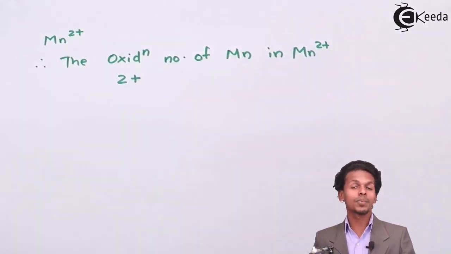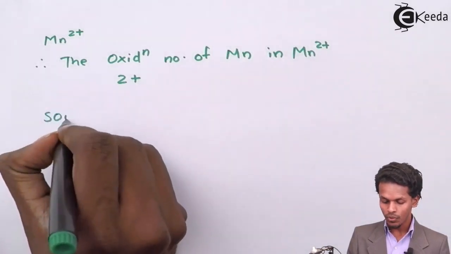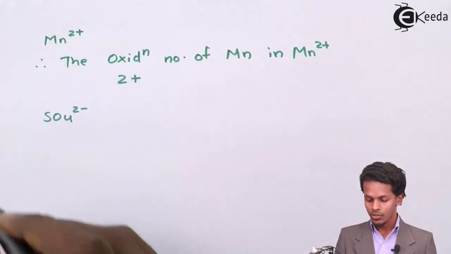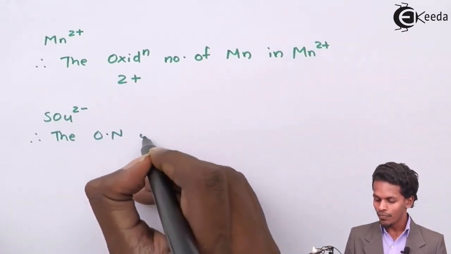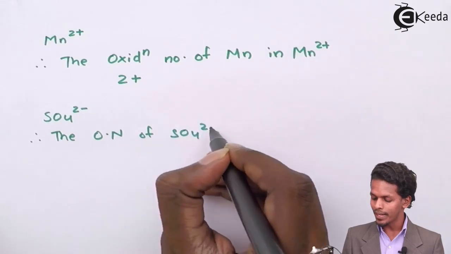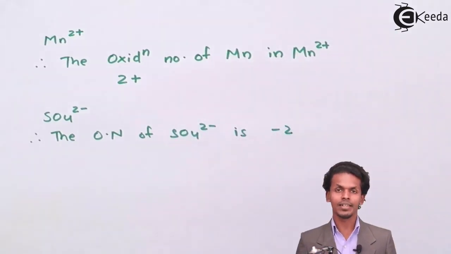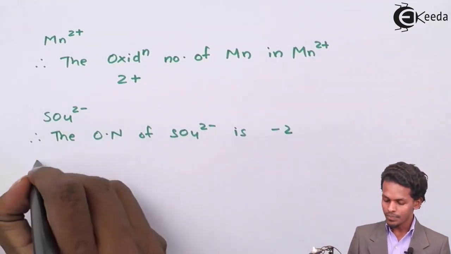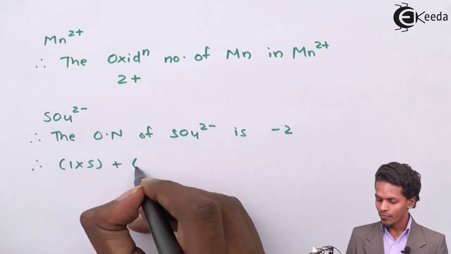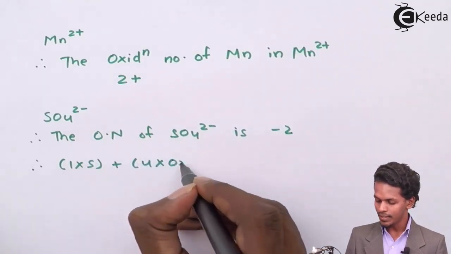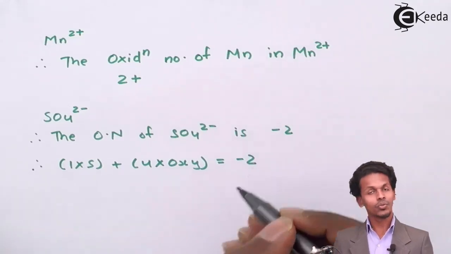But the next product is also remaining, which is SO4 2 minus. So I could write the oxidation number of SO4 2 minus is minus 2, or 2 minus, as we can write in that way also. So 1 into sulfur plus 4 into oxy, and the overall charge is minus 2.